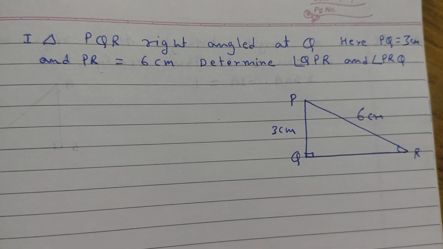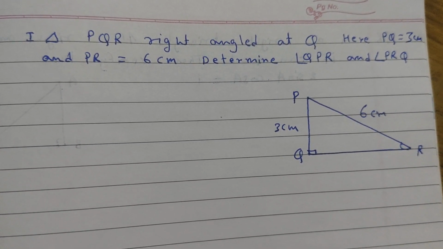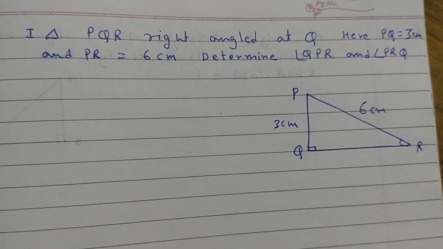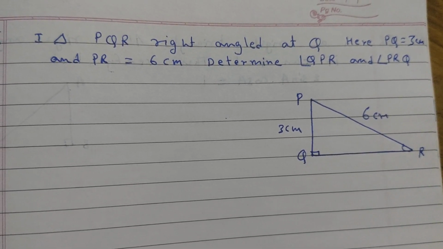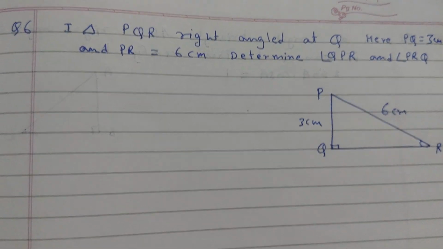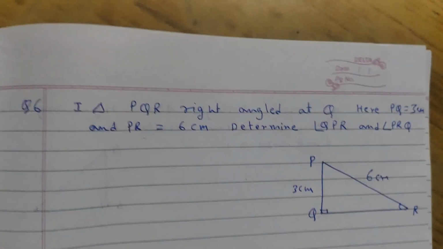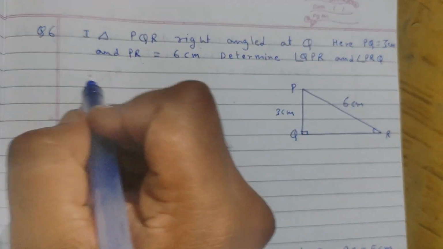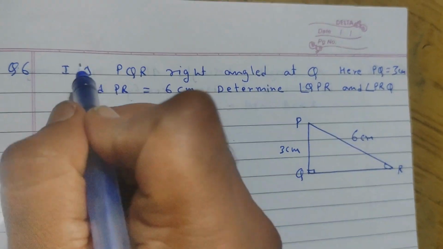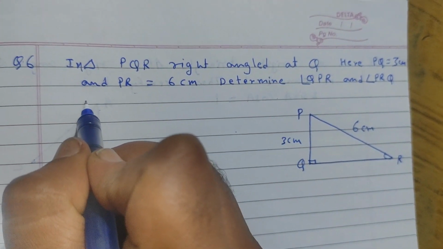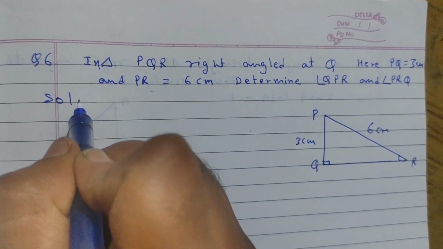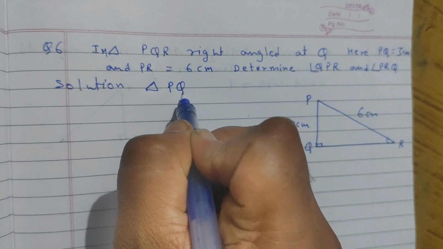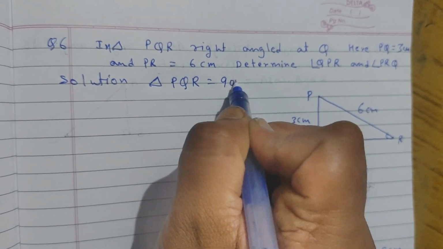Determine angle QPR and PRQ. So look here, Q is 90 degrees, given in the triangle. Solution: triangle PQR, angle Q is 90 degree.